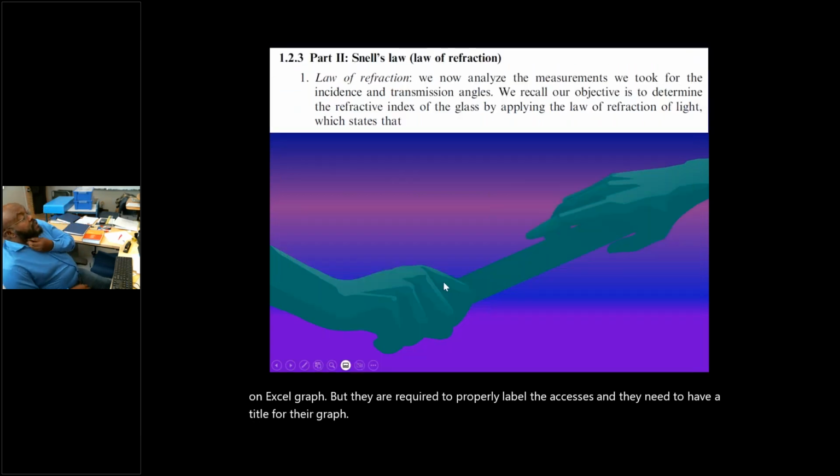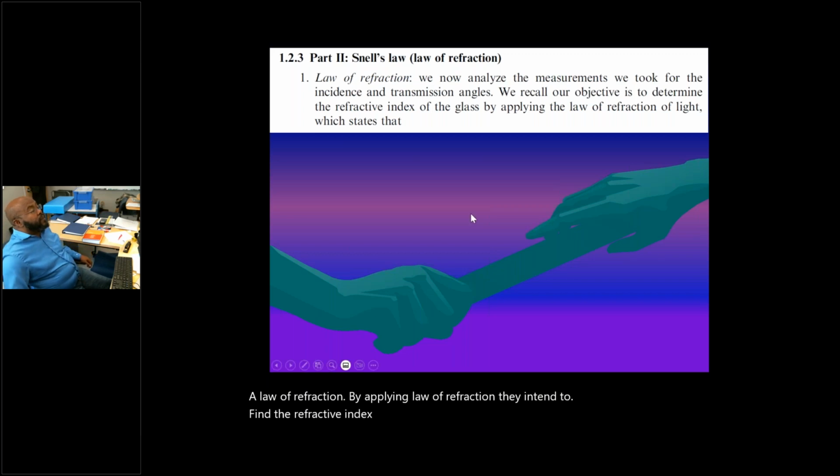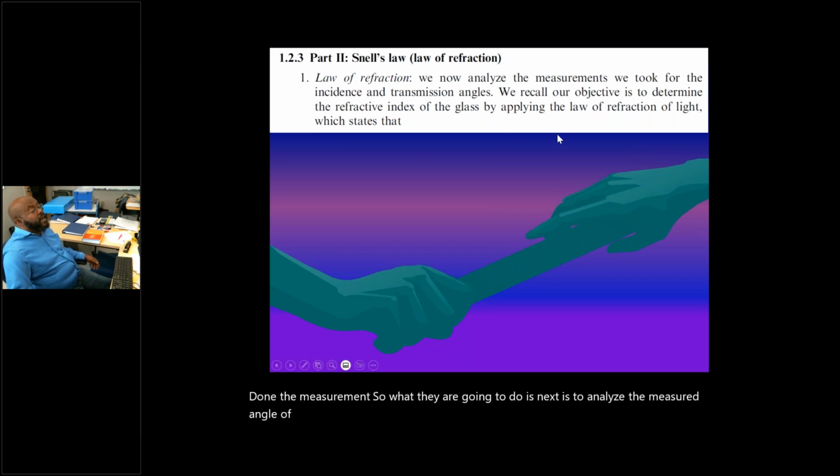So the second part is to study the law of refraction. By applying the law of refraction, they intend to find the refractive index of glass. So they have already done the measurement. So what they are going to do next is to analyze the measured angle of transmission versus angle of incidence.